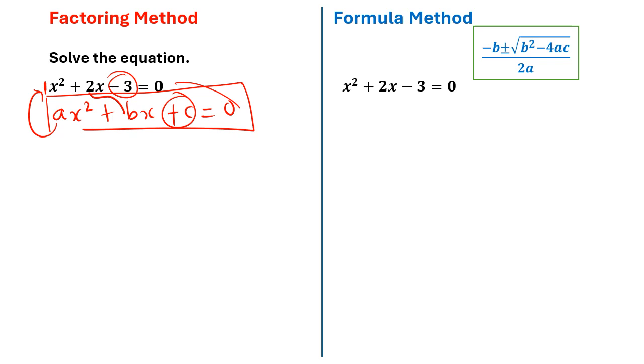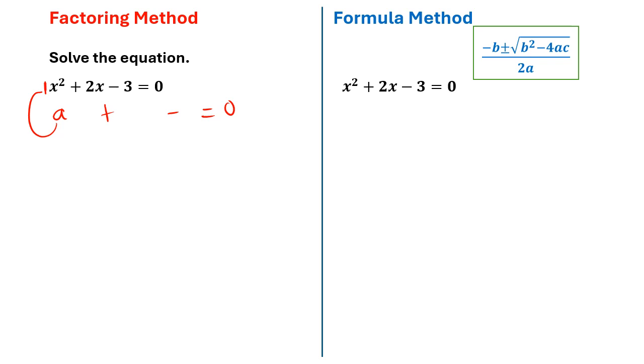All right, if you let me, I would write the standard form here. Standard form is ax squared plus bx plus c equals 0.